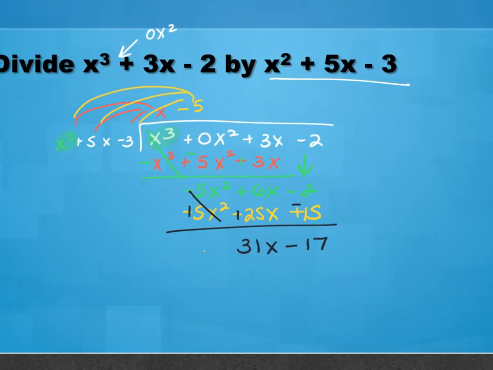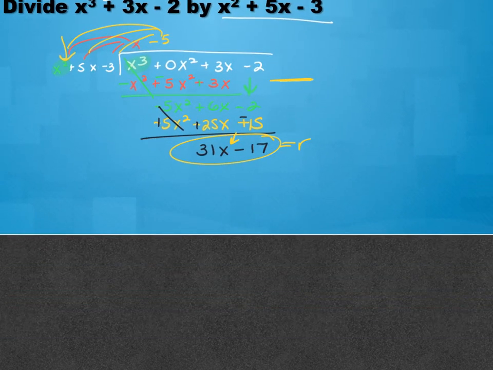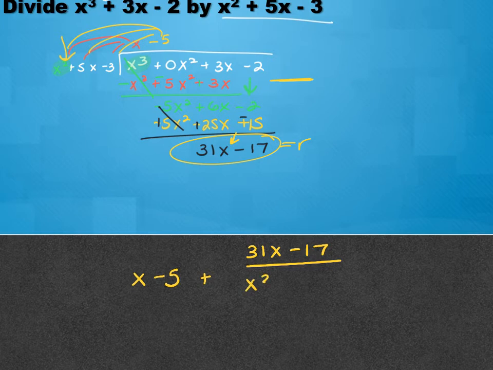So as soon as I run out of terms, the exponent on what I'm dividing into is smaller than what I'm dividing by, I'm done. That whole thing is my remainder. So my quotient is x minus 5 plus 31x minus 17 all over x squared plus 5x minus 3.